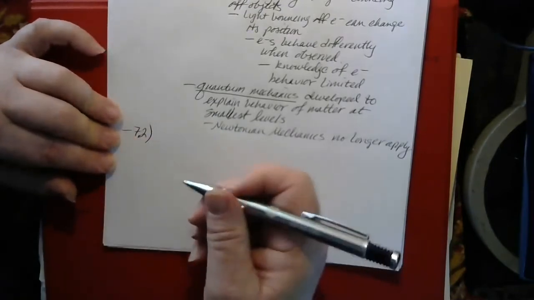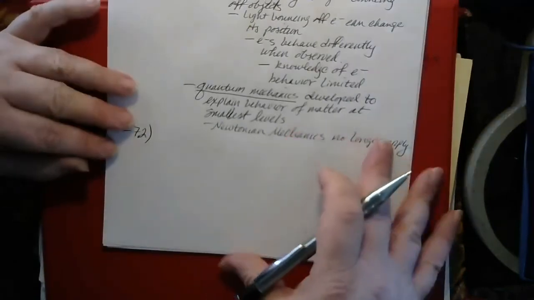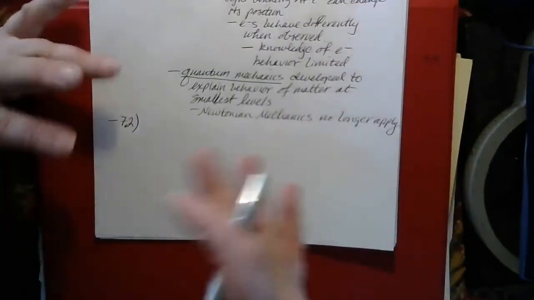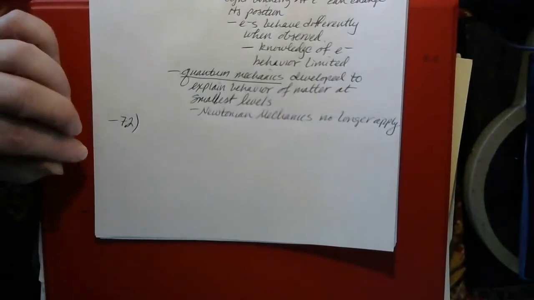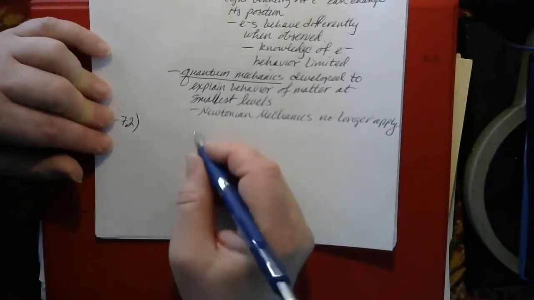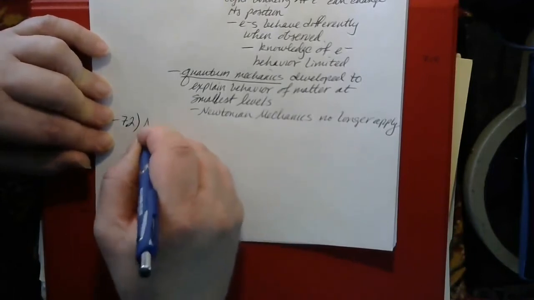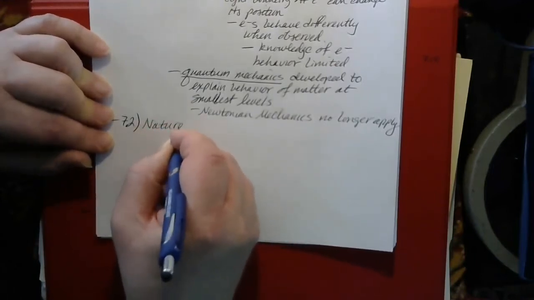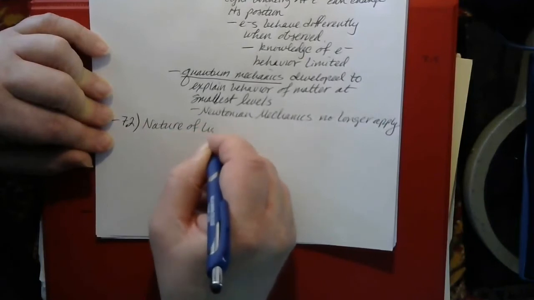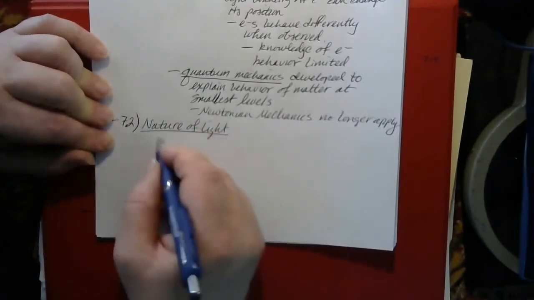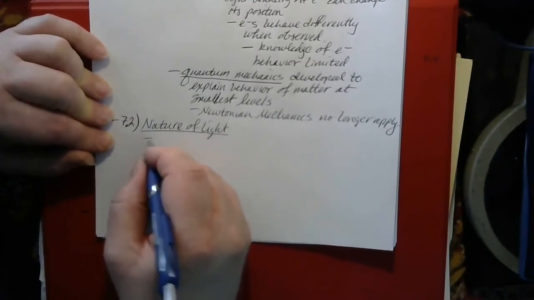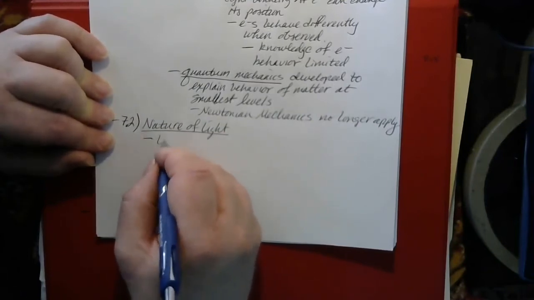Related to this is the behavior of light. It's really intertwined with the behavior of matter at the smallest levels. And so this would be a good time to look into the nature of light. Actually, light has a lot of things in common with electrons.